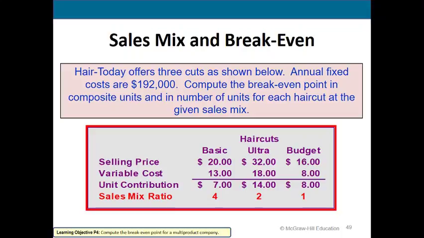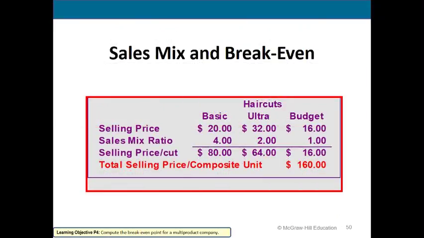And then for the Ultra, it's going to be 32 times 2, and Budget of 16 times 1. And then your variable costs per unit are going to be 4 by 13 for the Basic, 18 times 2 for the Ultra, and 8 times 1 for the Budget. So that's what that looks like.